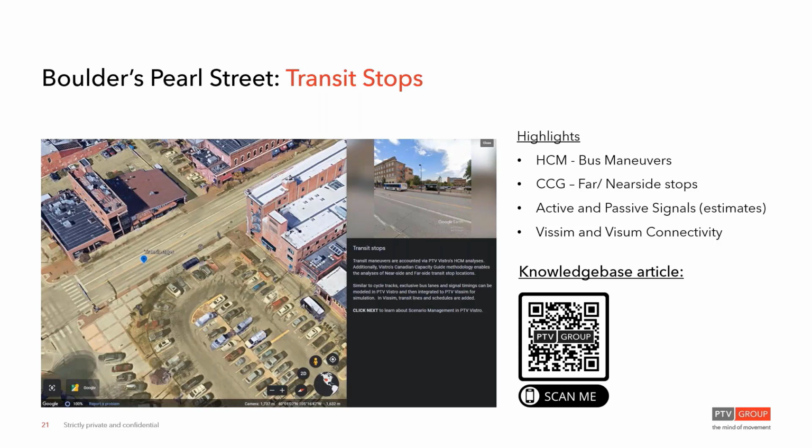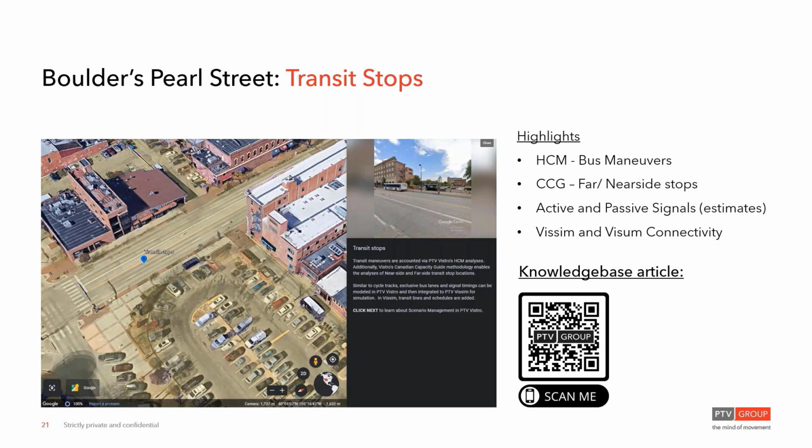Also, we have the estimates of active and passive signals, and we explain this in the knowledge base article. So if you had detection for a bus lane, there's a way to estimate that impact. And if you have a passive signal, which basically is a bus phase that is called every cycle, that's pretty easy to do with that hold phase that we were talking about before.